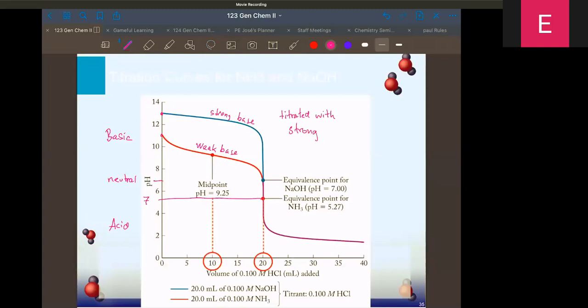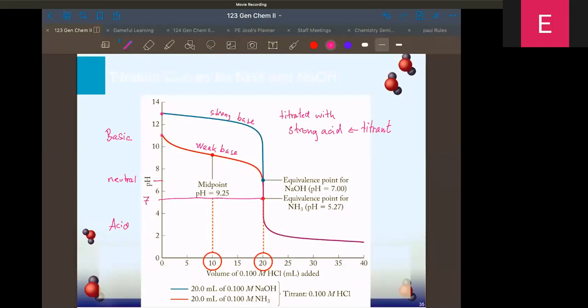All this I'm deducing just by the shapes of the curves. And the pH at the endpoint, which is marked here, being 7, means that the titrant, and please know all these words, the titrant is going to be a strong acid.